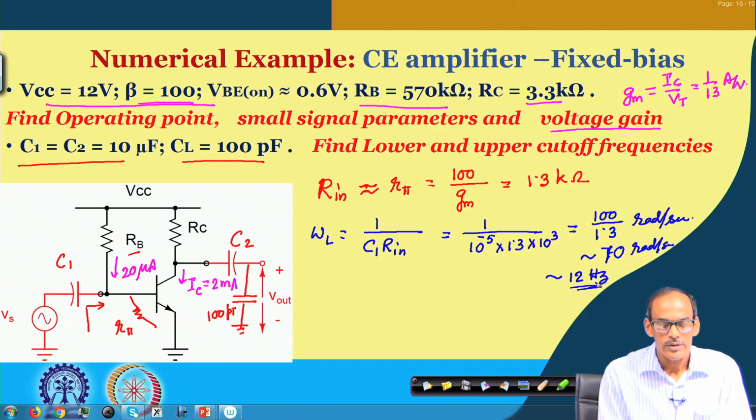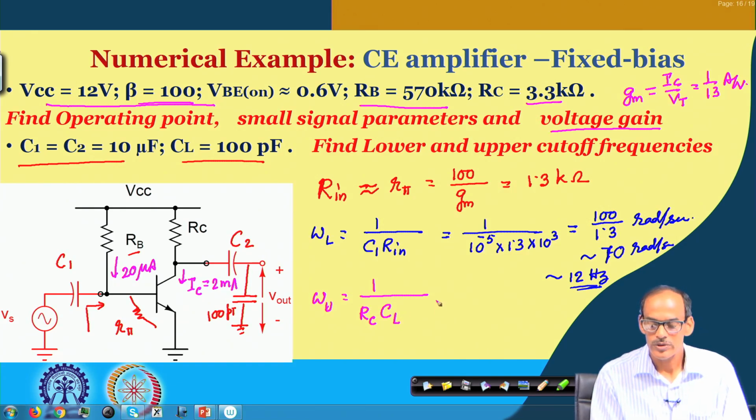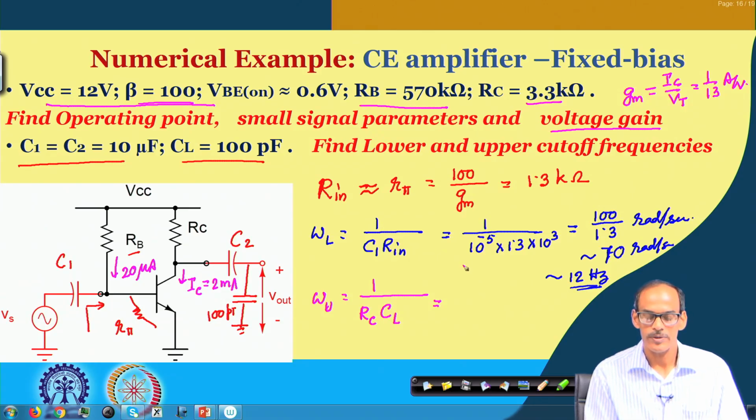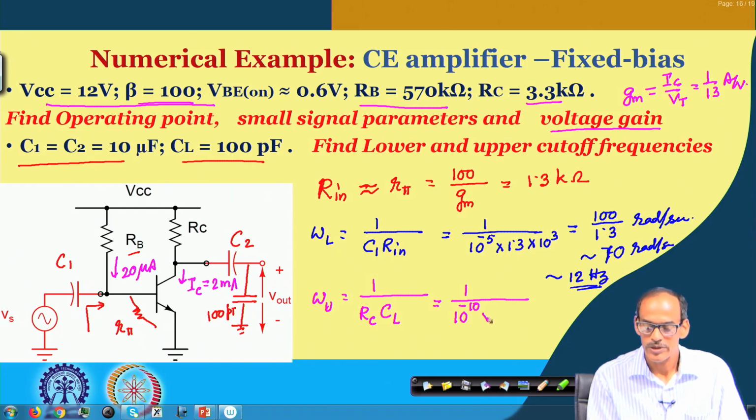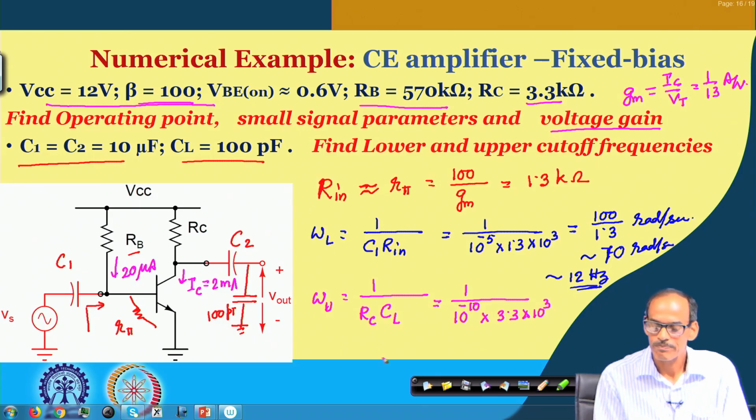And on the other hand, the upper cutoff frequency is omega u equals 1 by Rc into CL. CL is dominating with respect to C2. So, this is equal to Rc, we do have 3.3, so CL is 10 power minus 10 farad multiplied by 3.3 K, 10 power 3.